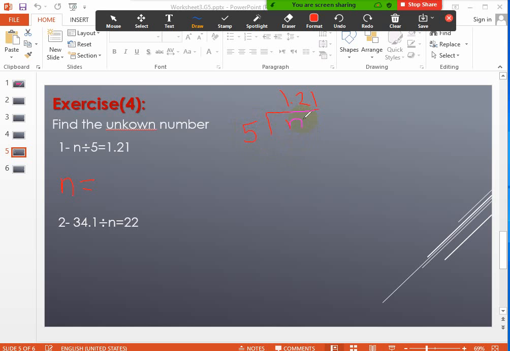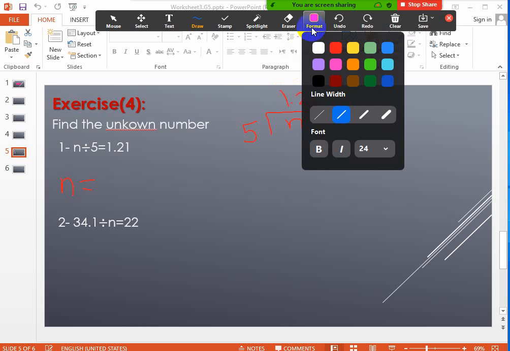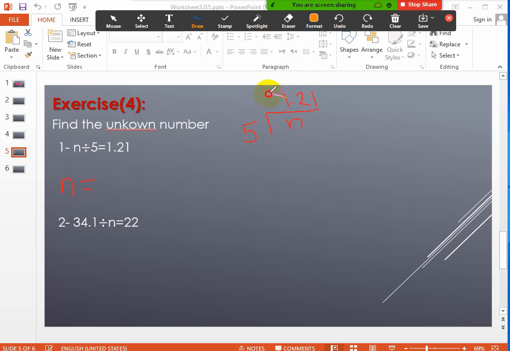If you divide n by 5, the answer will be 1.21. That means I have to multiply 1.21 by 5 to find the unknown number. Let's multiply 1.21 by 5. It's easy, I think, to multiply this number.